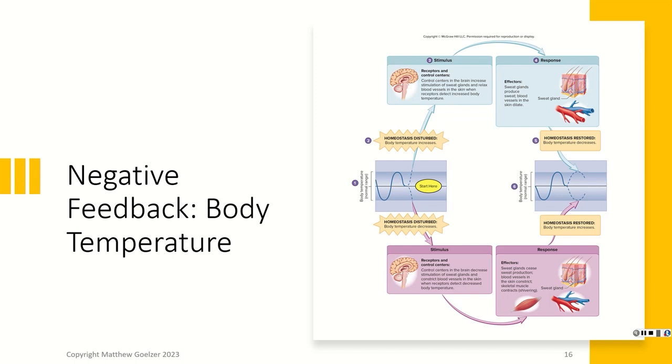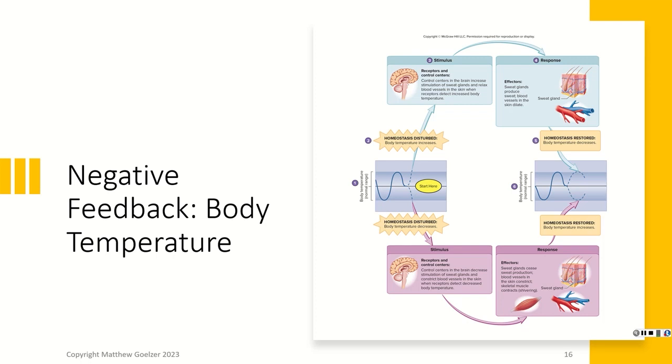We're going hot, right? So your body senses that, receptors in the brain receive that signal, stimulate sweat gland production, dilate our blood vessels, right, at the skin to increase blood flow there to transfer more heat out, right, which the signals from the brain are sent to those two, the sweat glands and the capillaries and so forth, blood vessels, to dilate them and produce sweat, which would hopefully drop our body temperature, right?